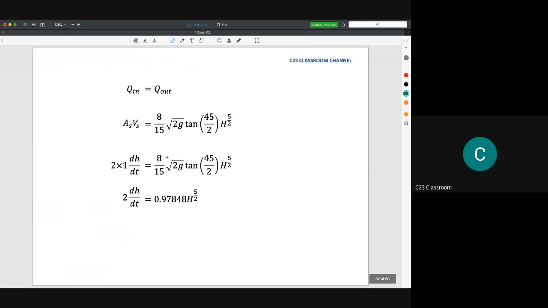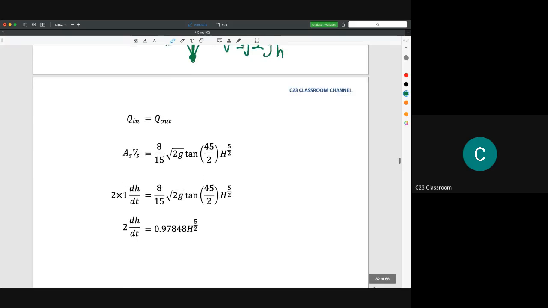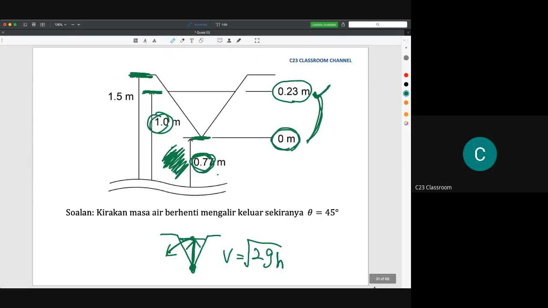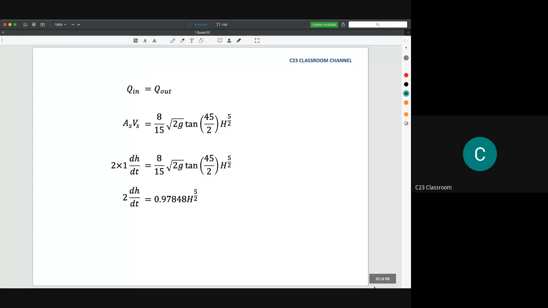So then what we do is compare the flow in and flow out here. So we have A_s V_s equal to this equation. As I mentioned previously, it's okay for you not to state the area of the outlet, for example, and the velocity at the outlet, because it might be difficult in that situation.